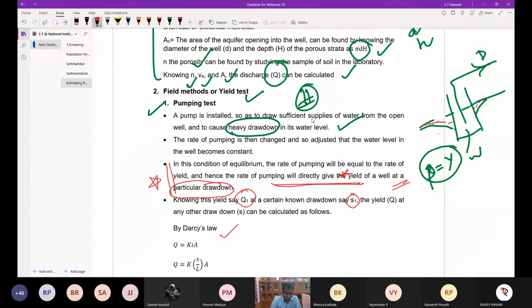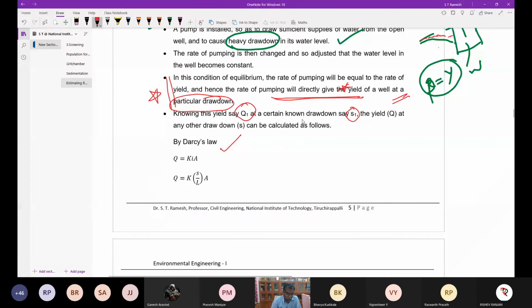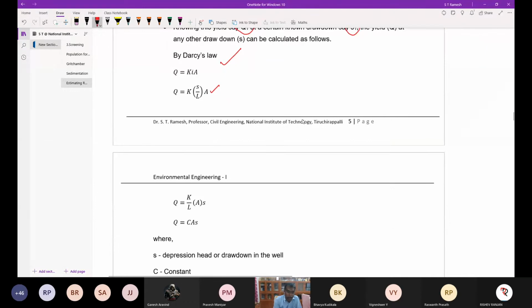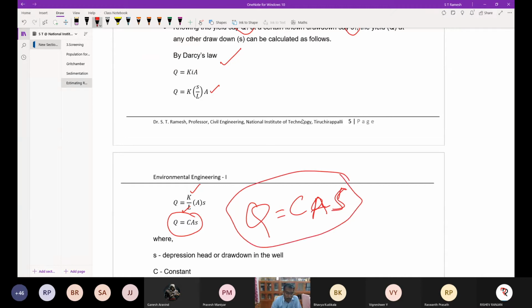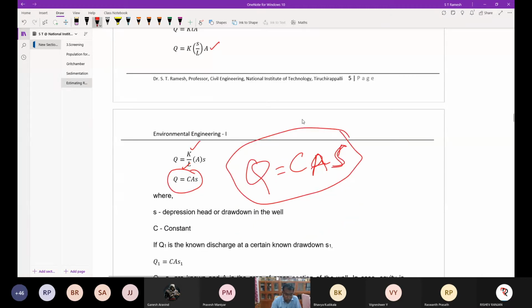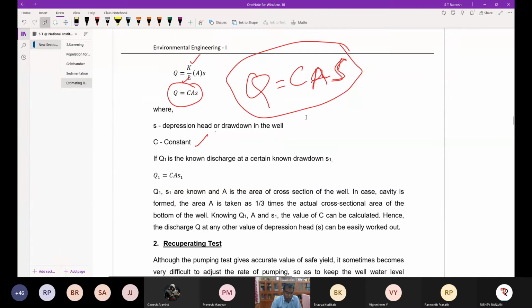Then you can also use Darcy's equation: Q is equal to K into I into A, where I can be calculated as S by L. Thus K is constant, L is also constant, so you can simply remember Q is equal to CAS, where S is the depression head and C is a constant.